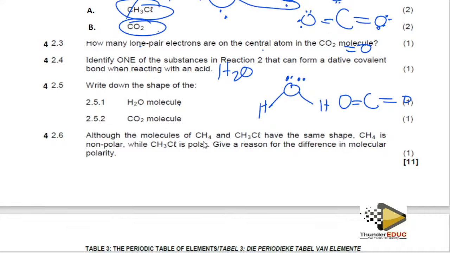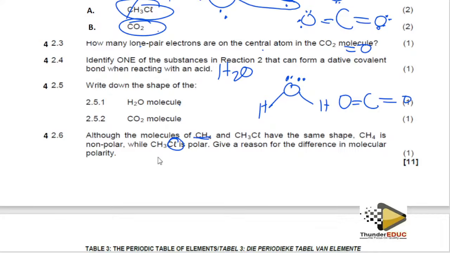Although molecules of methane and chloromethane have the same shape, methane is nonpolar while chloromethane is polar. Give a reason for your answer. It's because of the chlorine. It has a different electronegativity, meaning that it will bring about a difference.